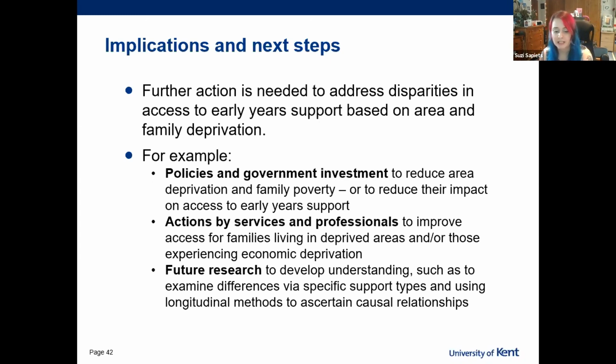For example, we could increase resources for services in areas that we know have high deprivation. And this might address other barriers, such as a lack of collaboration or coordination of services, through enabling them to have more time to collaborate with other services.